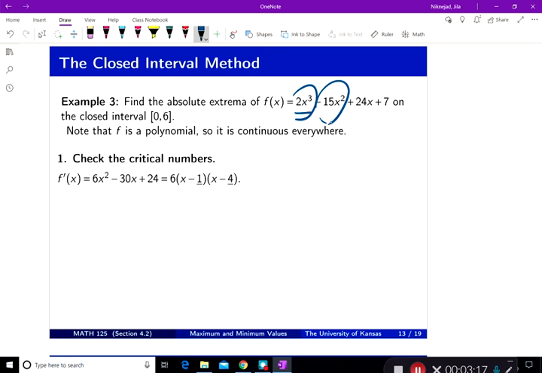Derivative of the second term is negative 30x. Third term is 24, and 0 for the last term. And then you want to set this equal to 0. As usual, the best method is to factor everything. And when you factor everything, then you can find the zeros of f prime.